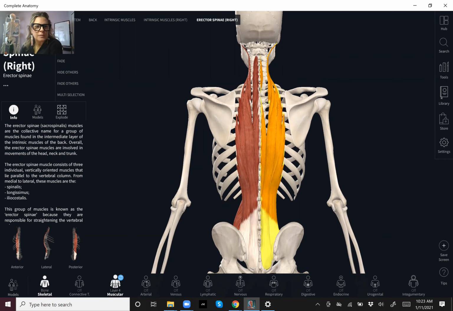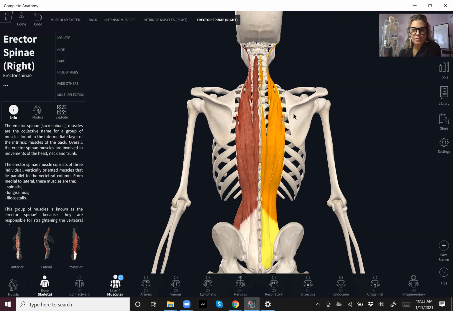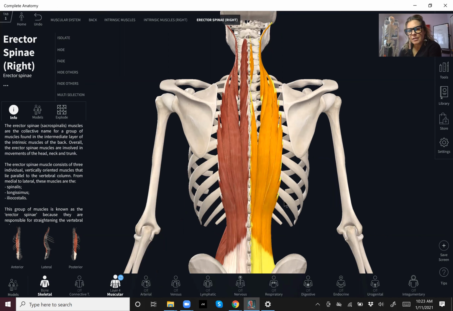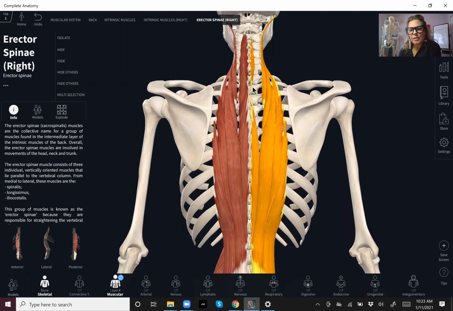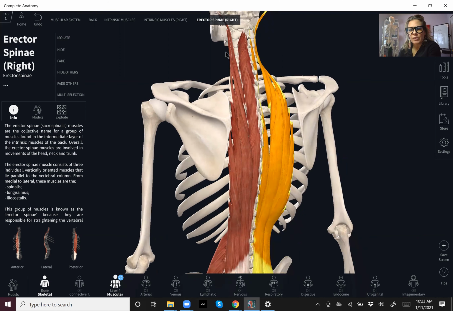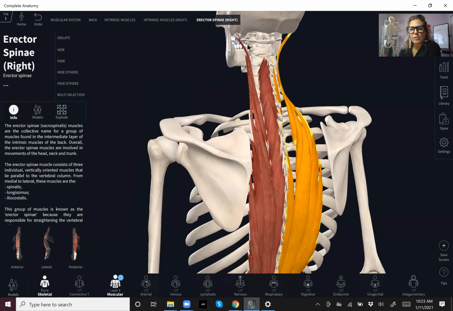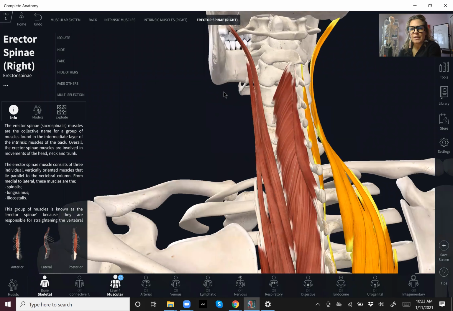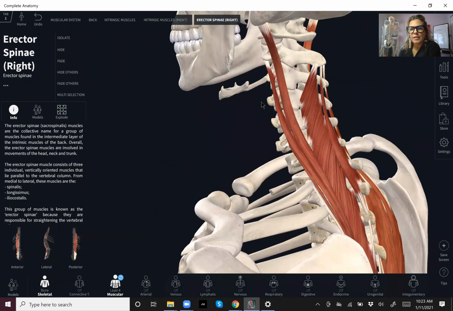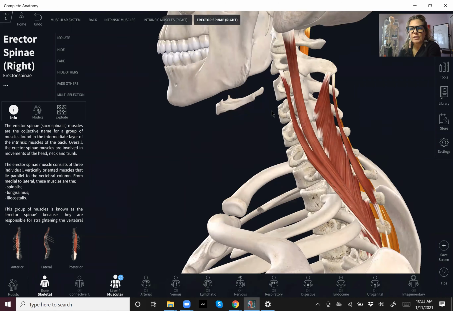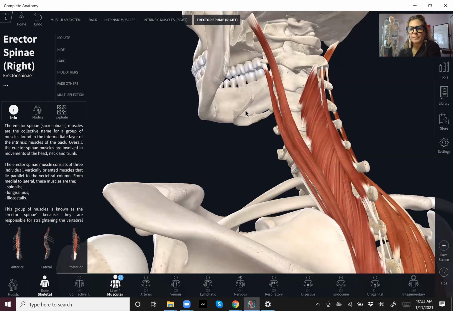And what you can notice is that there's this really beautiful sort of fan-like pattern that happens. So you can see they come all the way up into the cervical spine, and look how far up it goes. Look where this is. You know where that is? Right there. Oh, interesting. Up into the skull.